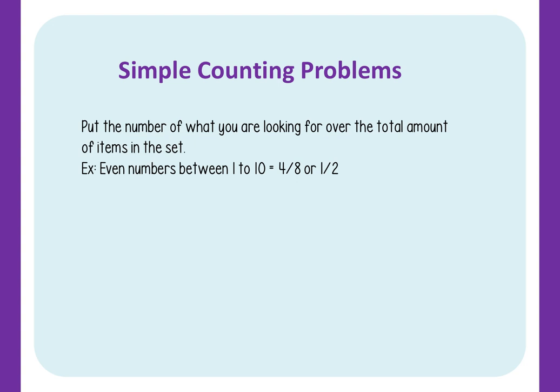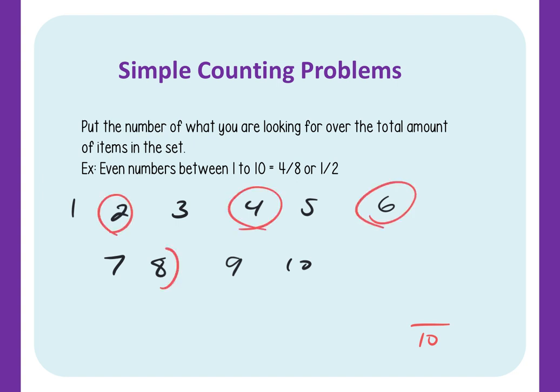Obviously, 1, 2, 3, 4, 5, 6, 7, 8, 9, 10. My total sample space, which is 10 items, would go in the bottom. And then the number of even numbers would go in the top. There are 1, 2, 3, 4, 5 even numbers. And then we always simplify it. So this would be a fraction that is 1/2.